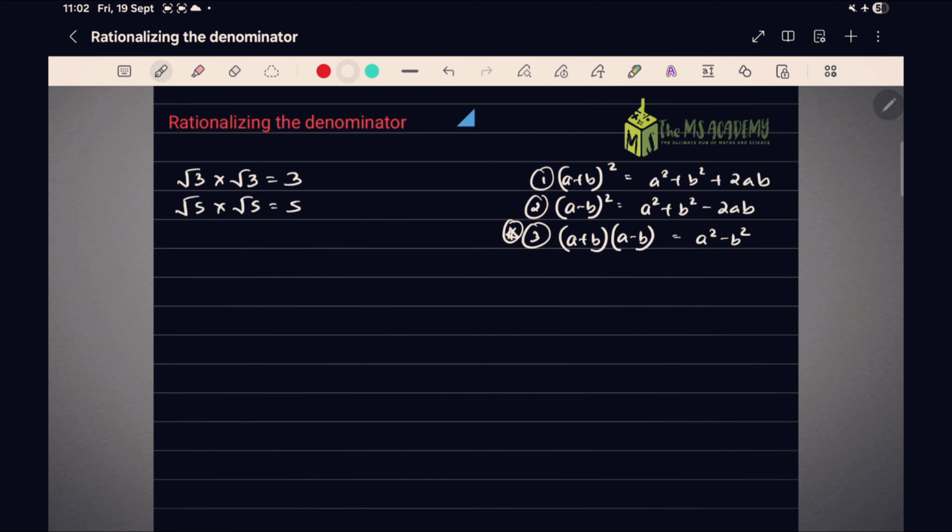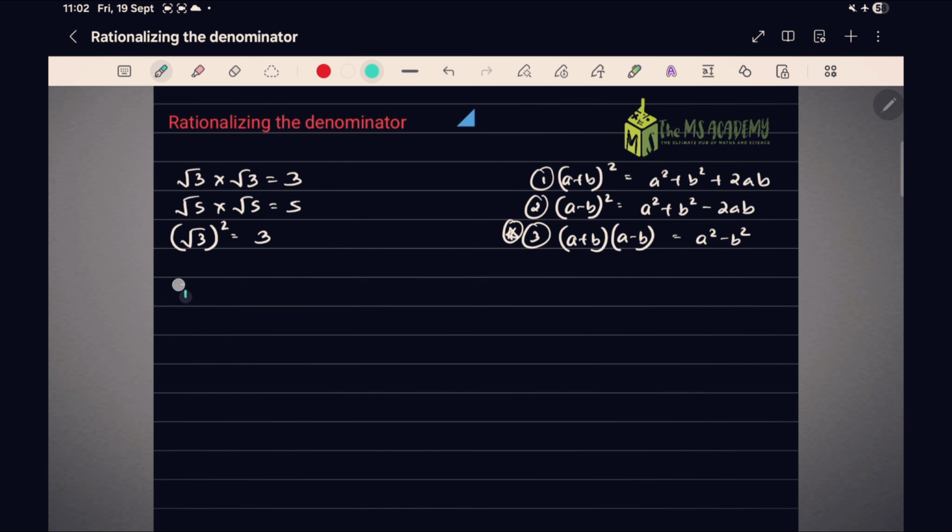So in order to convert an irrational number to a rational number, we have to multiply by the irrational number itself. Just say we can also do √3 the whole square, which would also give the outcome as 3. So these basic fundamentals are very important, which is going to help us to solve rationalizing the denominator.